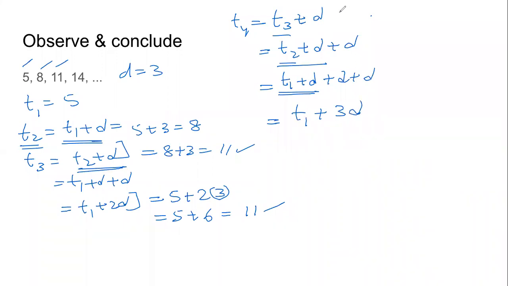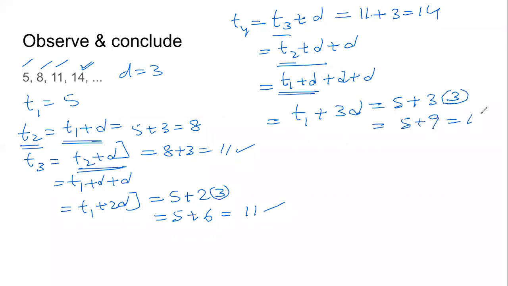So using the simpler formula, T4 is 11 plus 3, which is 14. Using the other formula, it is 5 plus 3 into 3, 5 plus 9 equals 14. Same 14, correct.